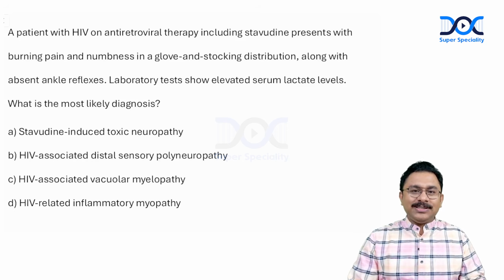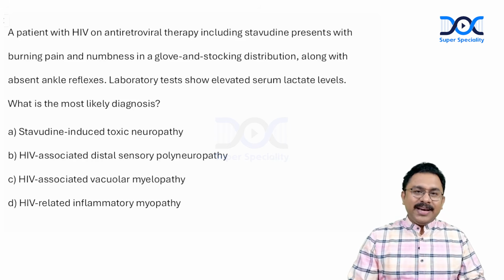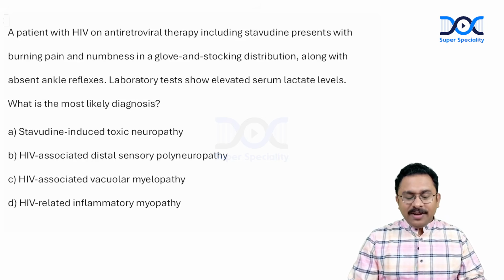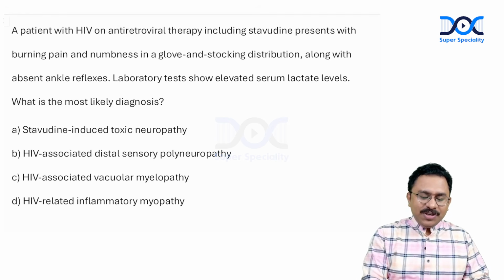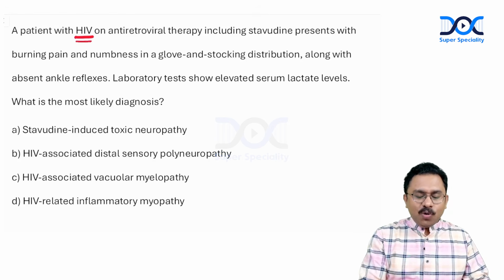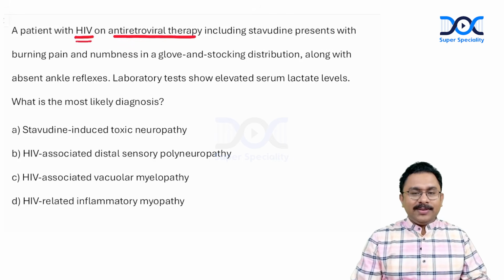Look at the options: stavudine induced toxic neuropathy, HIV associated distal sensory polyneuropathy, HIV associated vacuolar myelopathy, and HIV related inflammatory myelopathy. So, the patient has retroviral infection and is on antiretroviral therapy.